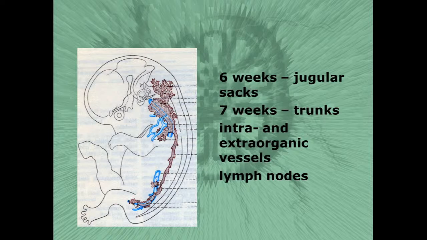These lymphatic sacs will later give rise to the thoracic duct and also to the lumbar trunks. Approximately from the 7th week of embryonic life, the lymphatic trunks and intra- and extraorganic lymphatic vessels start to develop. Then the lymph nodes are formed, and finally the connection between the lymphatic and venous systems is formed.